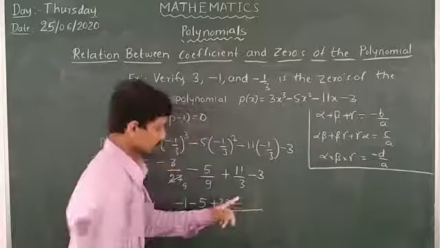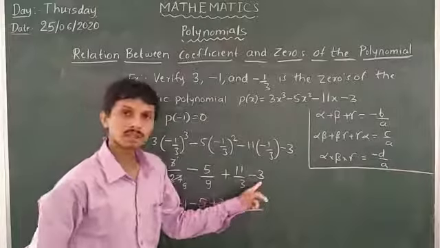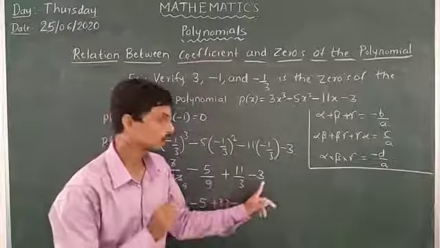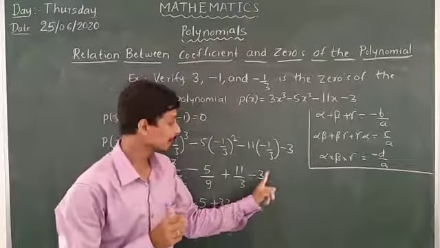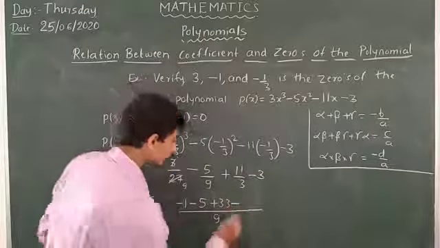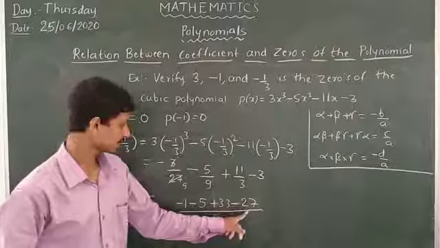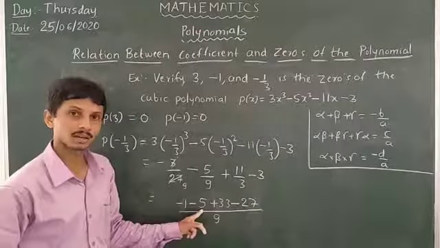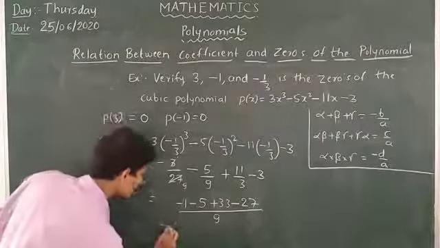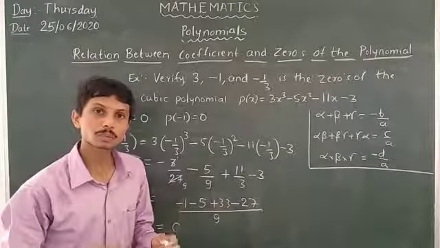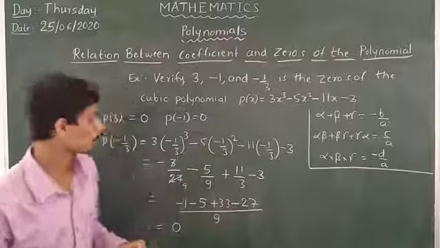For the term with no denominator, 1 is the denominator, so we multiply by 9, which gives 27. So 33 minus 27 is 6, 6 minus 5 minus 1 minus 1 is equal to 0. So from this we got p of minus 1 by 3 is also 0.